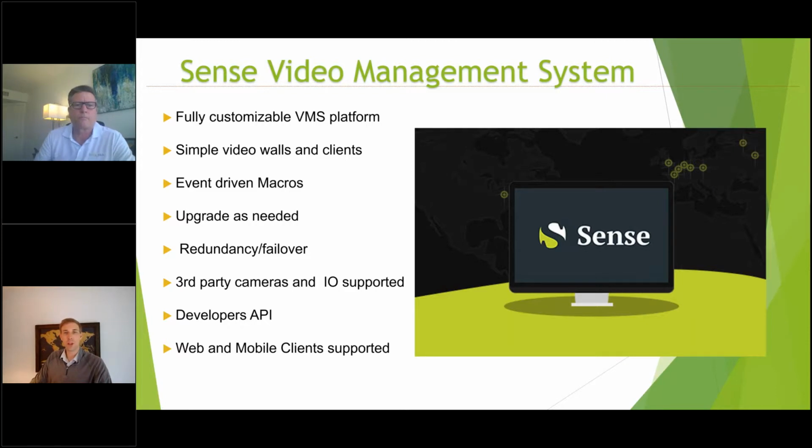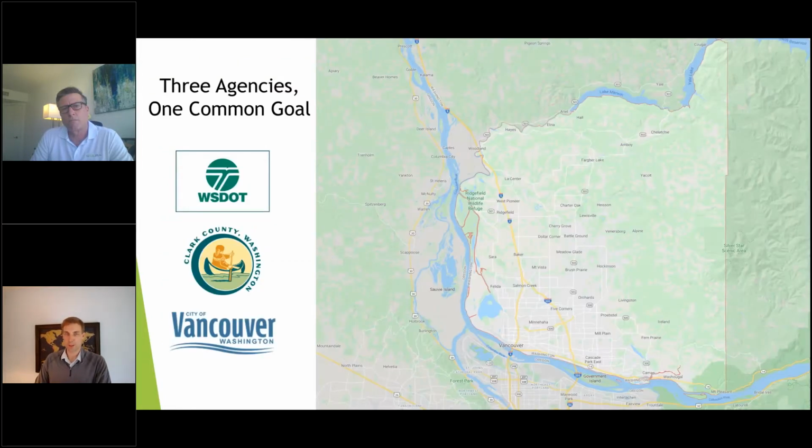Gotcha. Very cool. Kind of again touching on the interoperability, we worked on an interesting project in Southwest Washington. We worked with WashDOT, Clark County, and the City of Vancouver to assist them in deploying a VMS that covered all three, which had its own challenges.